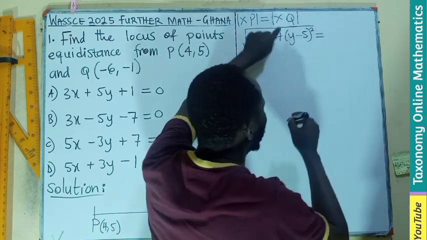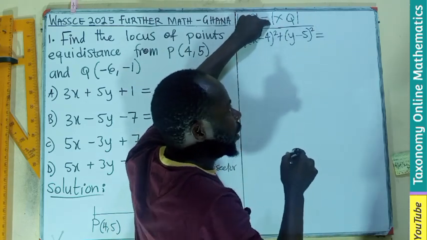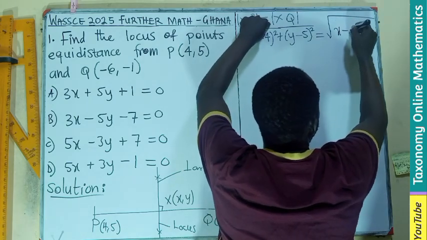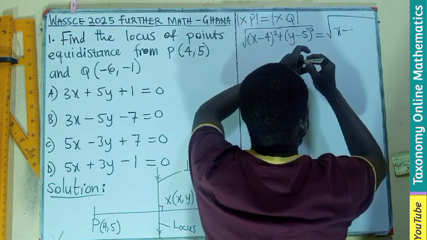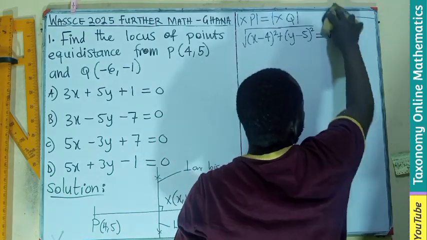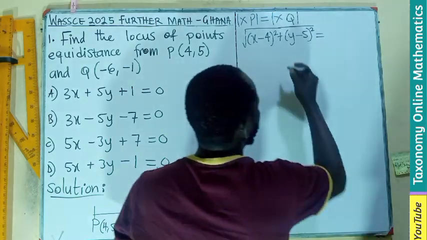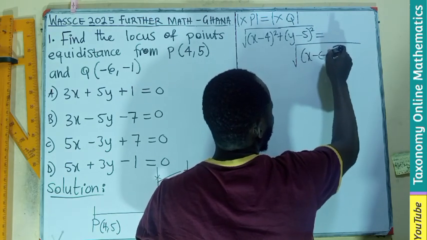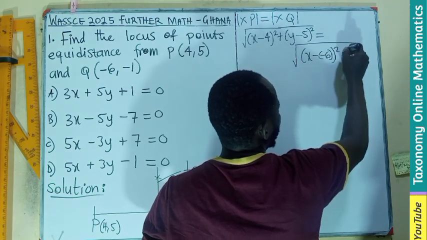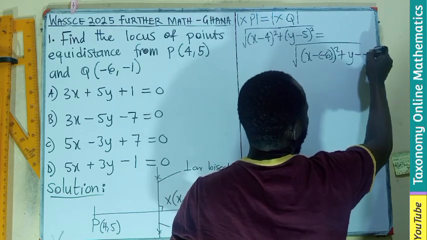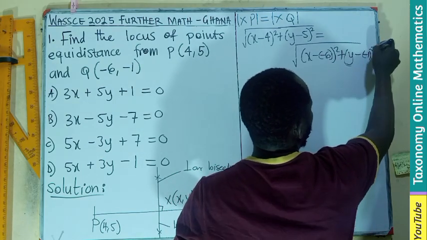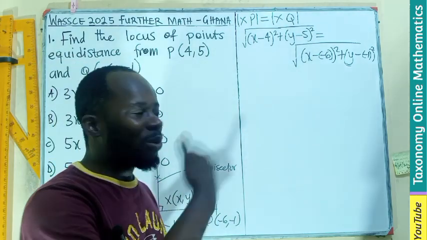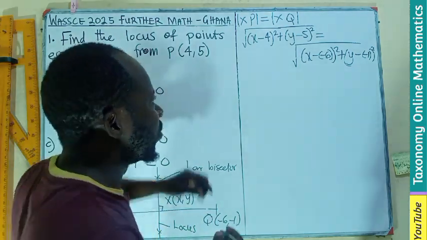This will be the same as the magnitude of XQ, which is going to be the root of x minus minus 6, plus y minus minus 1, all squared. I'm trying to be fast, but I have to take my time. This is section A, so you can do it as fast as you want to.